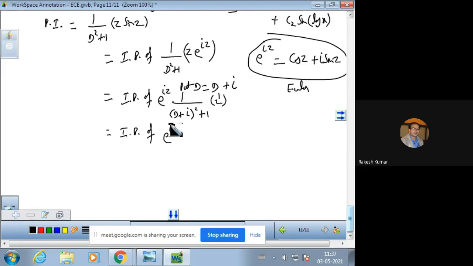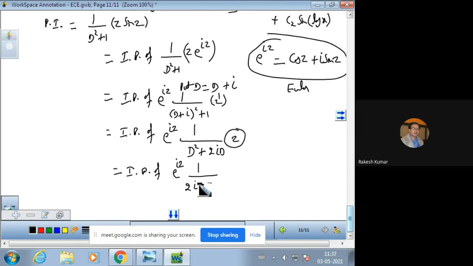So imaginary part of e raised to power iota z, that comes out to be D square plus 2 iota D. And you know that when there is a polynomial term, you need to apply binomial. So for the binomial, you will have to take this term common. So 1 plus D upon 2 iota, एक D यहाँ पर कैंसिल हो जाएगा D स्क्वायर में से.